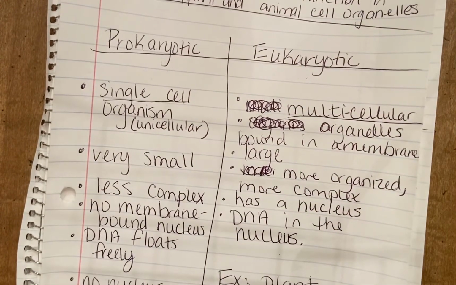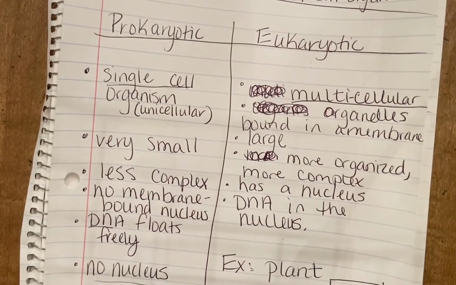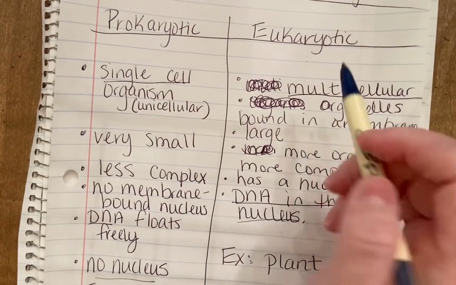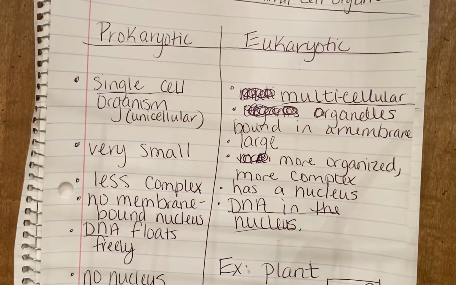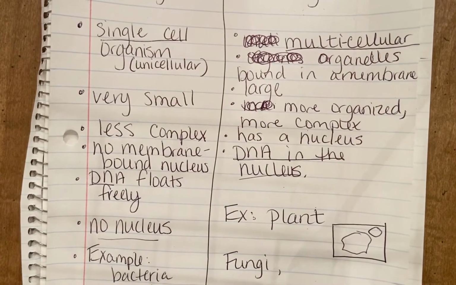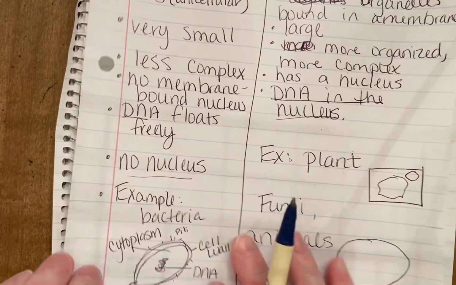Prokaryotic cells have no nucleus and DNA floats freely inside of the cytoplasm. The DNA is in the nucleus of a eukaryotic cell. They are more organized and more complex. Eukaryotic cells are plants, fungi, and animals, while a prokaryotic cell is a bacteria cell.